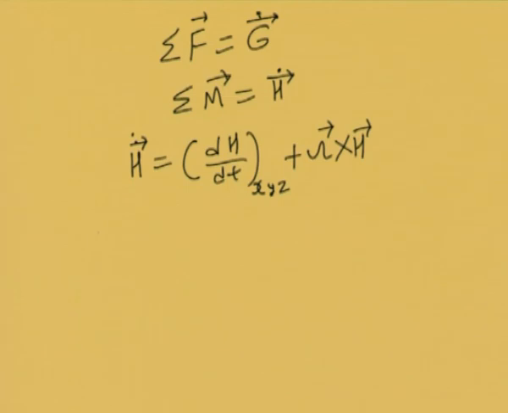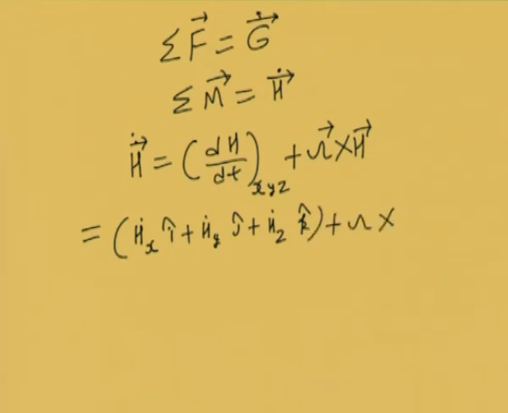That means I have to write: H dot x i plus H dot y j plus H dot z k plus omega cross H.